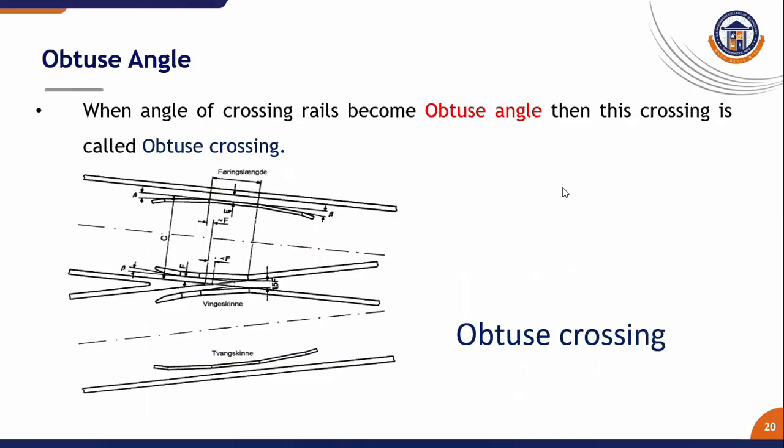Obtuse angle. When the angle of crossing rails becomes an obtuse angle, then this crossing is called the obtuse crossing.